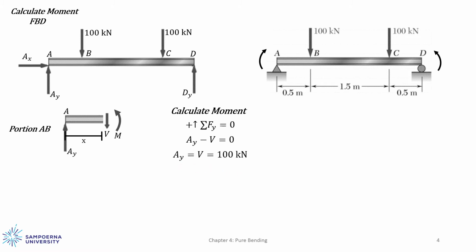Now, we can use sigma moment equal to 0. We can choose to calculate either from point A or from the cut. Here, we use sigma moment at A. Since AY is aligned with point A, there is no moment effect from AY.